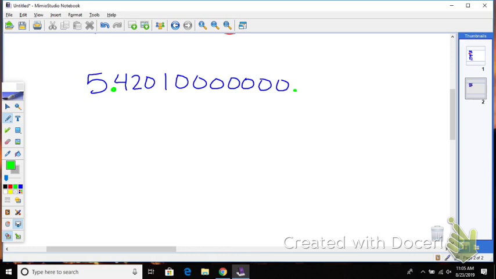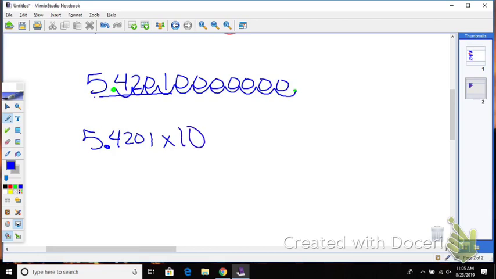So you're going to write 5.4201, until you get to the rest of the zeros. And then we have to see how many times we have to move it. 1, 2, 3, 4, 5, 6, 7, 8, 9, 10, 11. Is that going to be a positive 11 or a negative 11? Positive, because this is a big number.